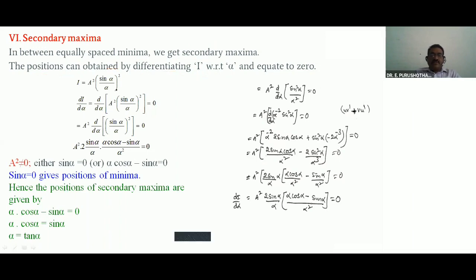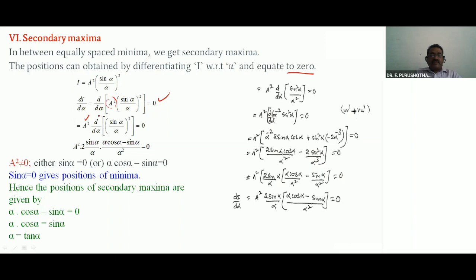So intensity, what is I principal? I is equal to a square, sine alpha by alpha, whole square. So differentiating this I with respect to alpha and equating to 0. dI by d alpha is equal to d by d alpha of a square, sine alpha by alpha, whole square.